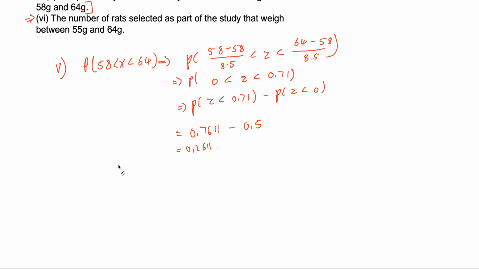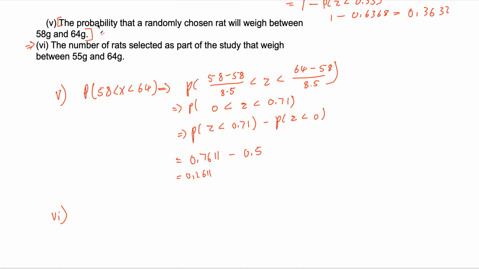And then we have number 6. Number of rats selected as per study that weigh between 55 grams and 64. The top question was asking for the probability.